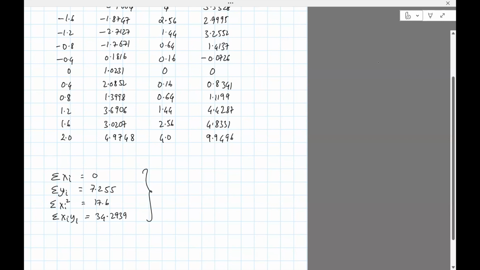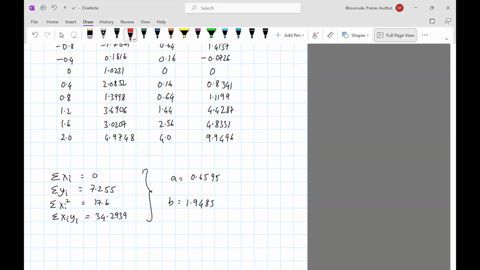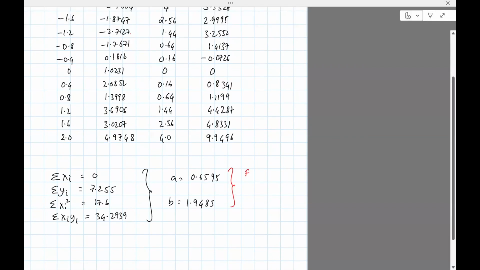Okay, so from this and from the formulas, I get A equals 0.6595 and B is 1.9485. I forgot to put n on the previous page.